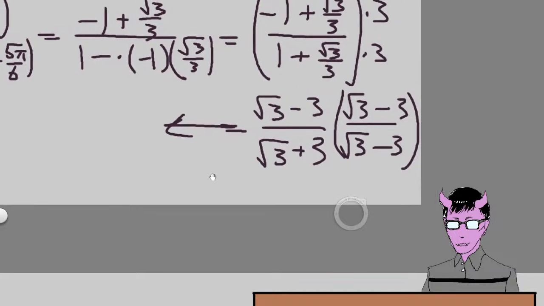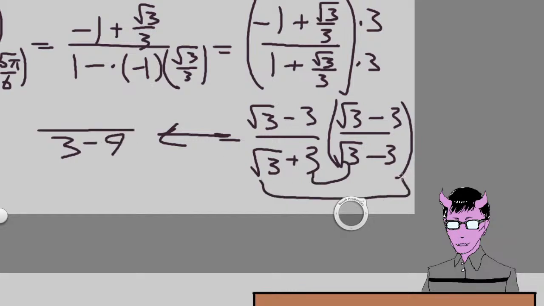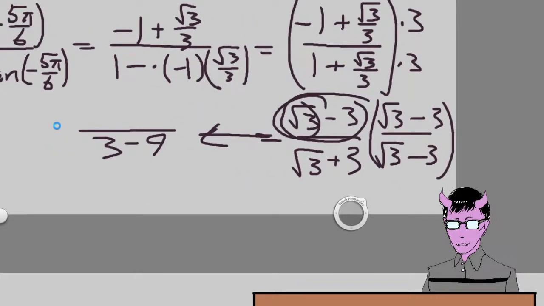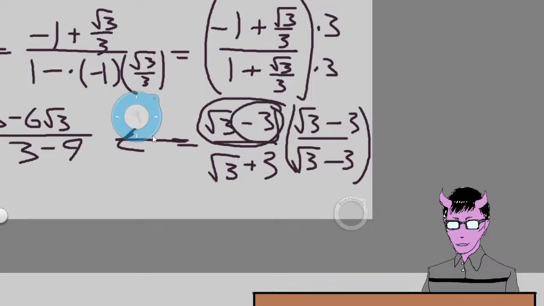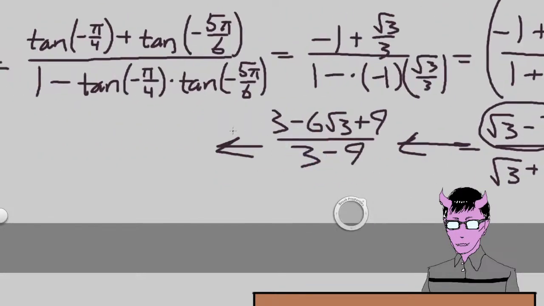And finally, hopefully, this one times this one is 3, and then this one times this one is -9. This term cancels with that term, and then following binomial expansion, that one squared is 3, this one times 2. And then this one squared is +9. Further simplifying into what?